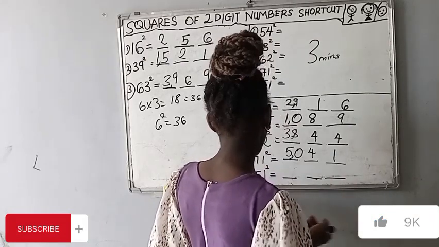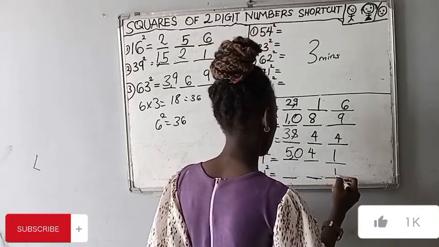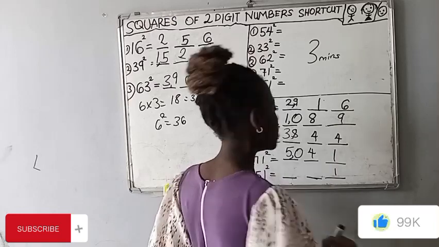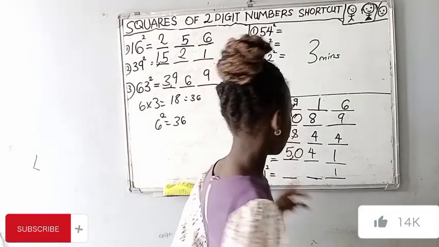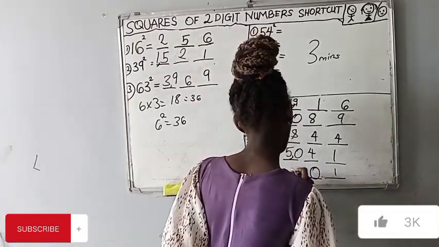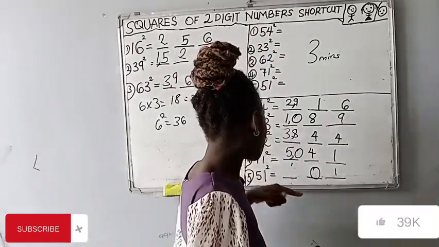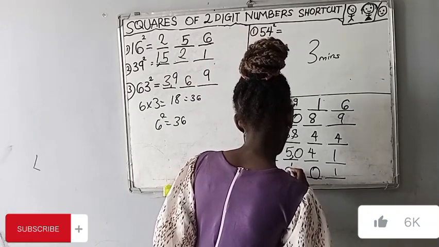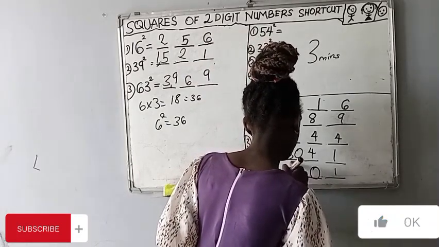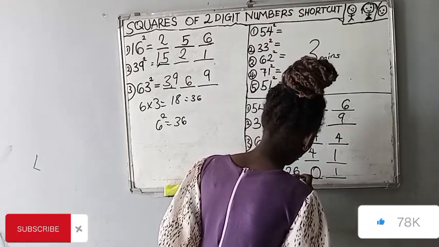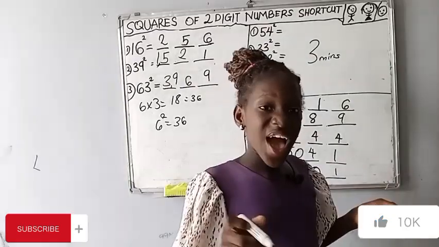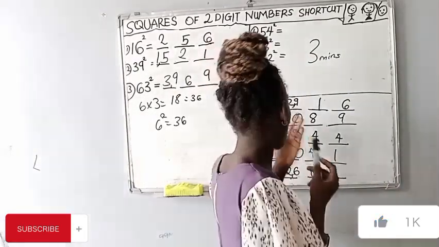Our first step is 1 squared is 1. 5 times 1 is 5. The double of 5 is 10. Write 0, carry over 1. 5 squared is 25. 25 plus 1 is what? 26. 1, 2, 3.